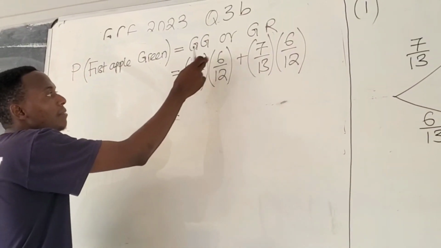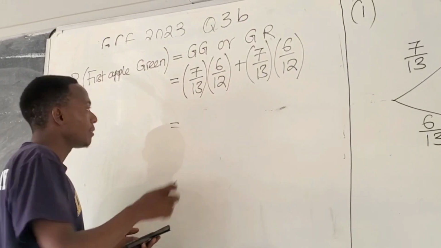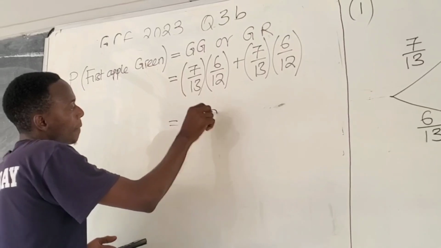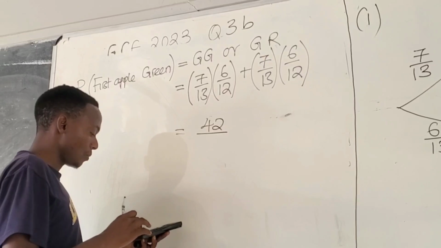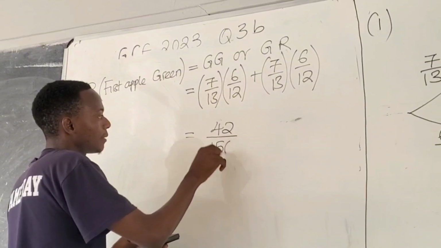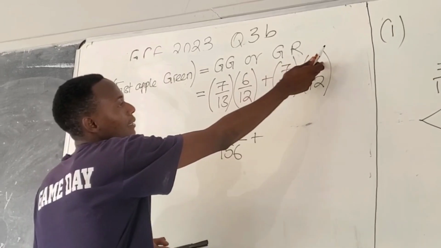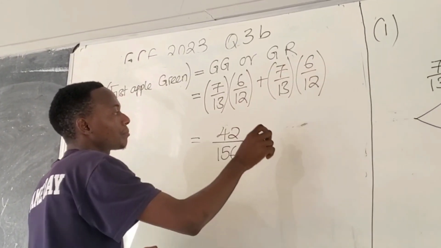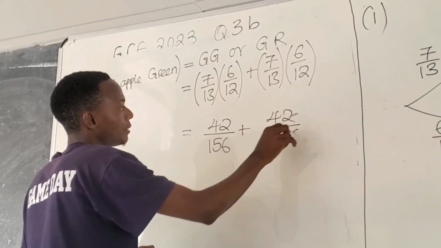So we multiply 7 times 6. So 7 times 6 gives us 42, divided by 13 times 12, which is 156. Plus, again, 7 times 6, 42, divided by 156.